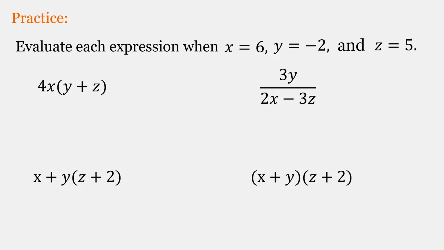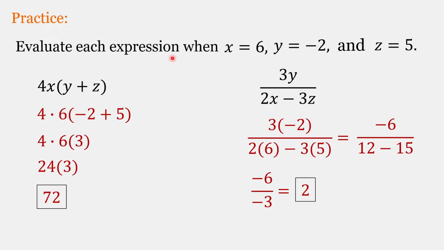A great way to learn is to practice on your own. We will discuss in a bit, but go ahead and pause your screen and do these 4 problems. So for these 4 expressions, we will evaluate when x is equal to 6, y is equal to negative 2, and z is equal to 5.